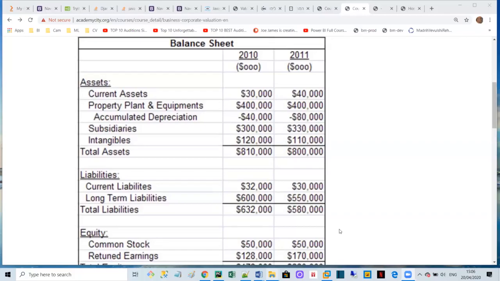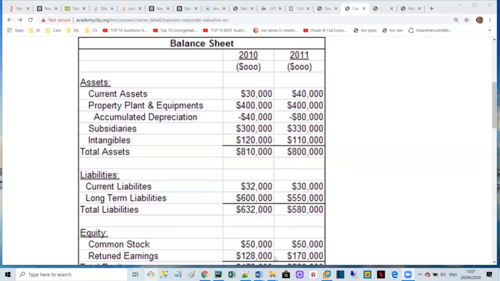Does that make sense? So between 128,000 and the 170, the difference is the profit for the year minus the dividend we distributed that year. That gives me the difference between 170 and 128.